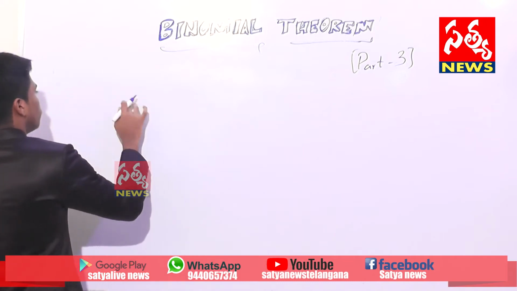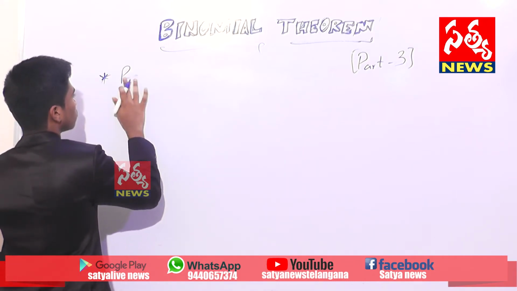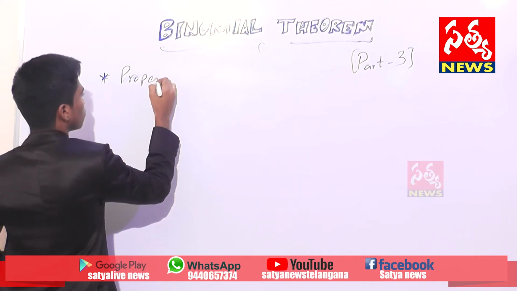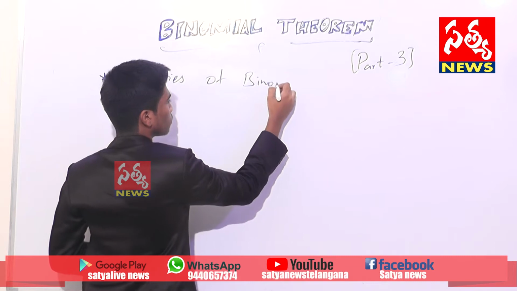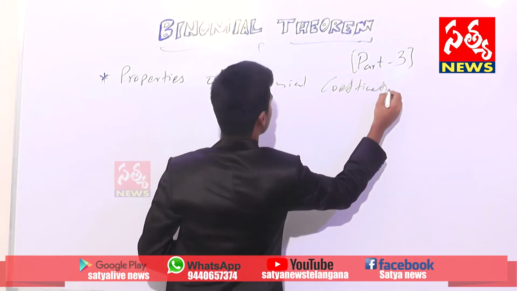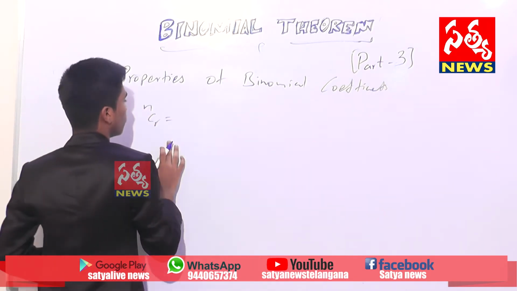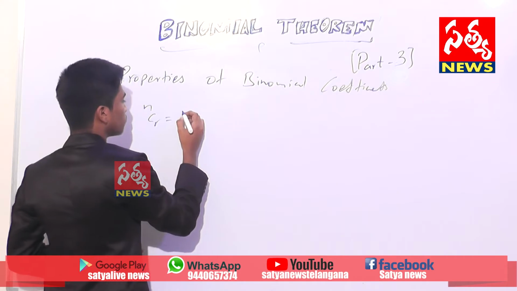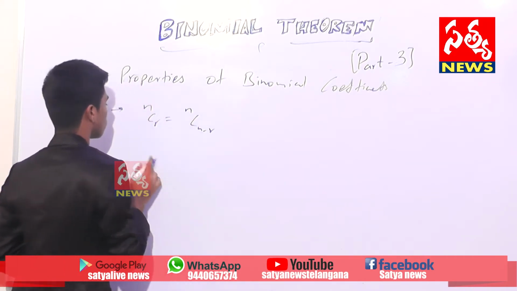Let's start this video with the properties of binomial coefficients. nCr is a combination. This can also be written as nC(n minus r).